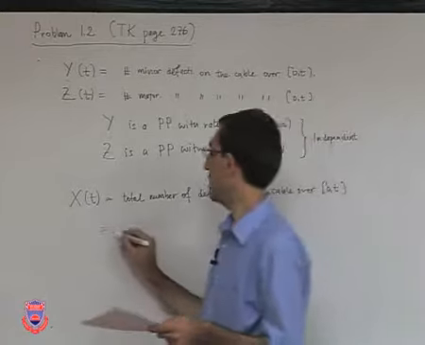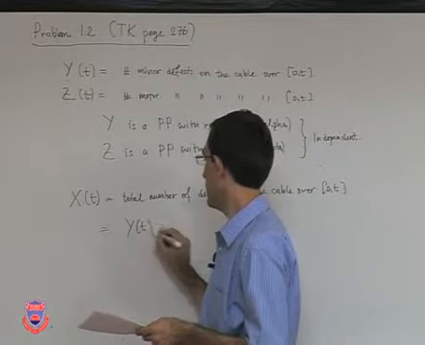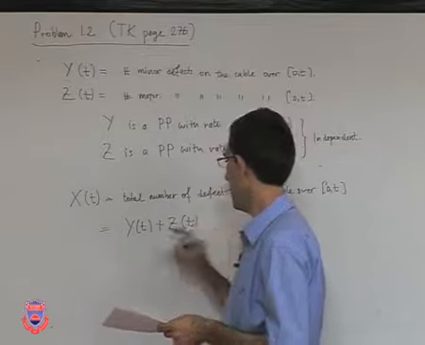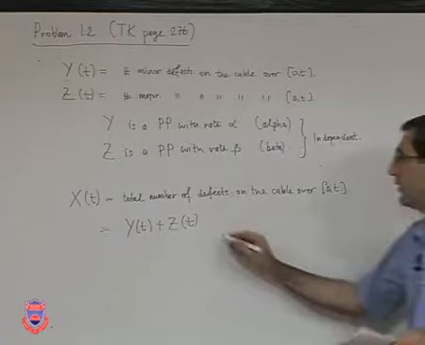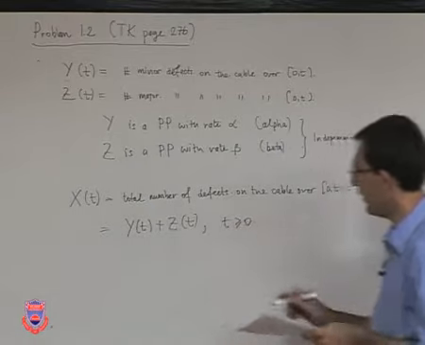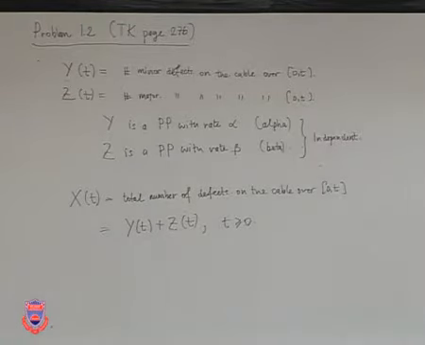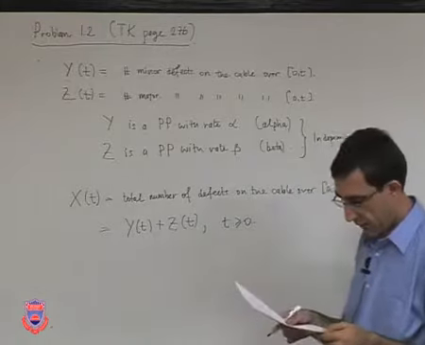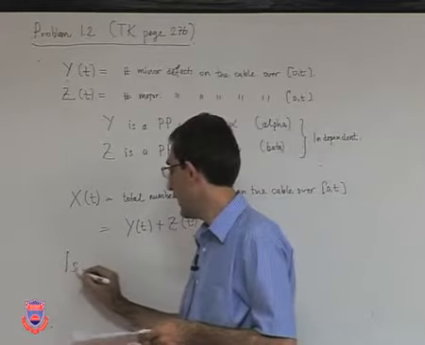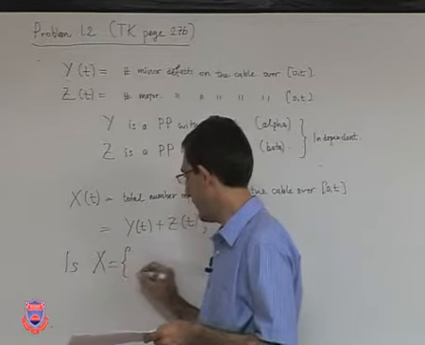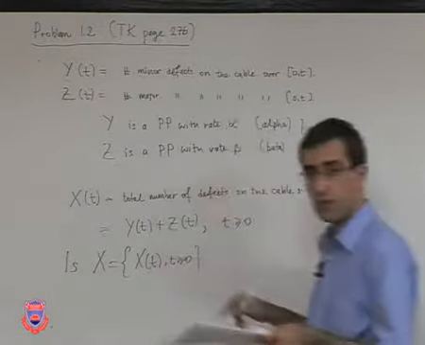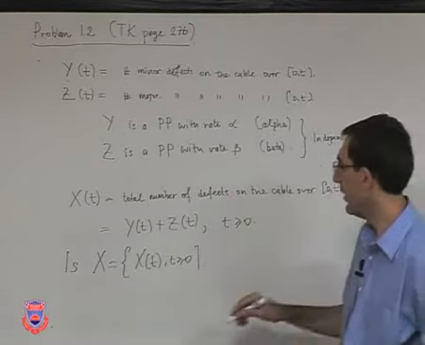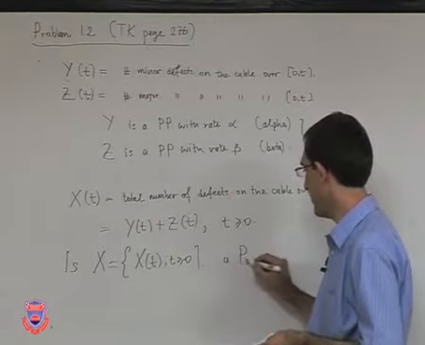Now we know that this is given by the sum of Y till length t and Z till length t, right? So we sum these two random variables to find the number of defects in any segment of length t. Okay, the first question is X, which is, of course, a continuous time process, if you just gather all these random variables over different t's together, a Poisson process.